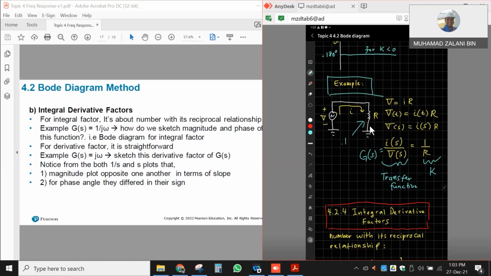If this branch is a capacitor or an inductor, then it is no longer linear like a resistor.